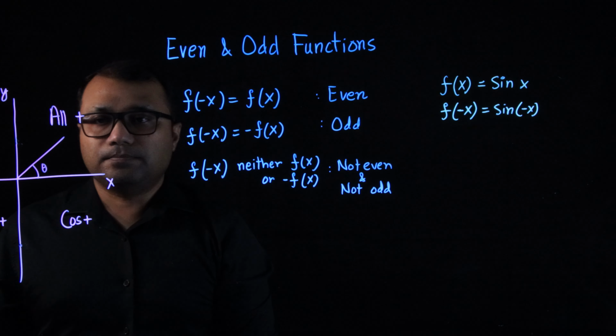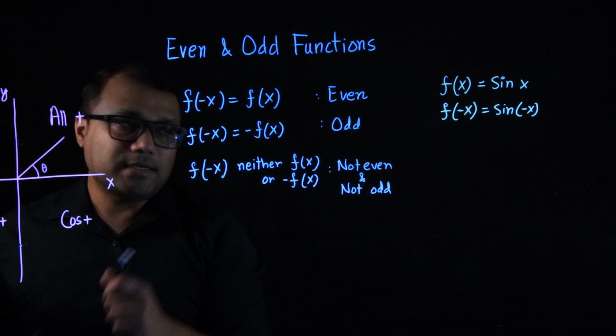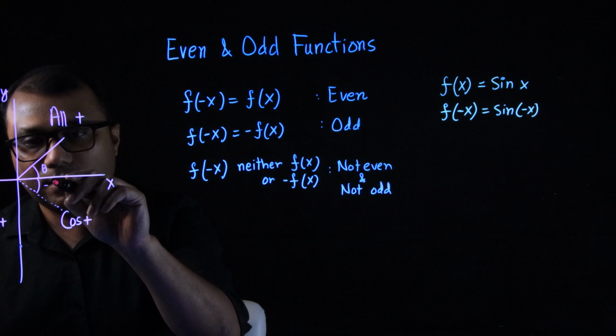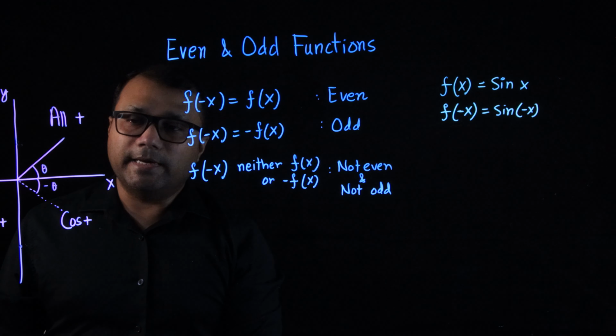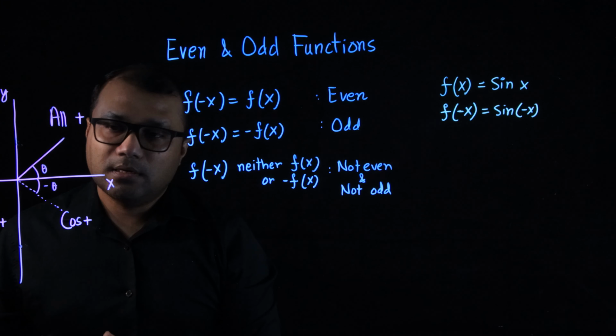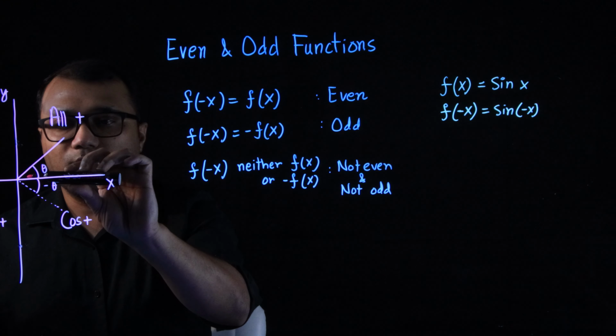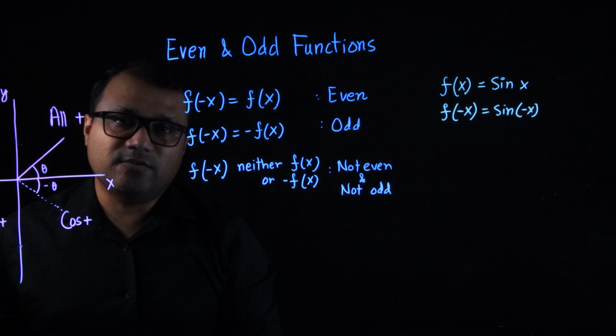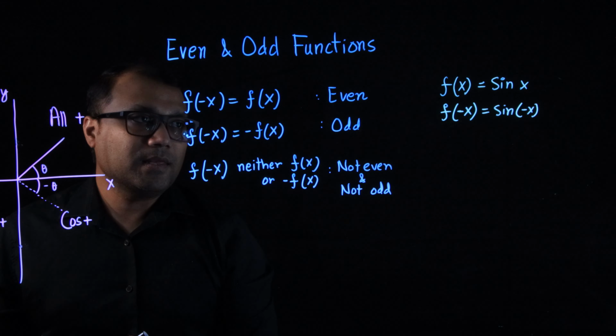Okay, so if we look at sine theta, then sine theta is positive, but if we look at minus sine theta, how do we get to minus angles? When we move counterclockwise, the sign of the angle is positive. When we move clockwise, then the sign of the angle is negative.